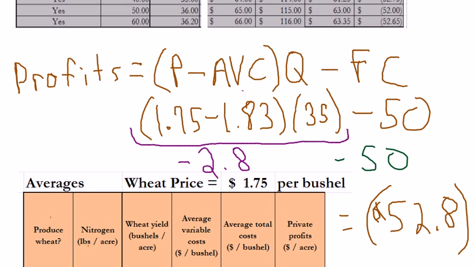By producing wheat, we added on to our losses. We know we're going to lose $50 per acre, but because price is always less than our average variable cost, we're going to spend more money on things like seed and fertilizer and pesticide and tractor fuel than we're going to bring in from our sales of wheat.